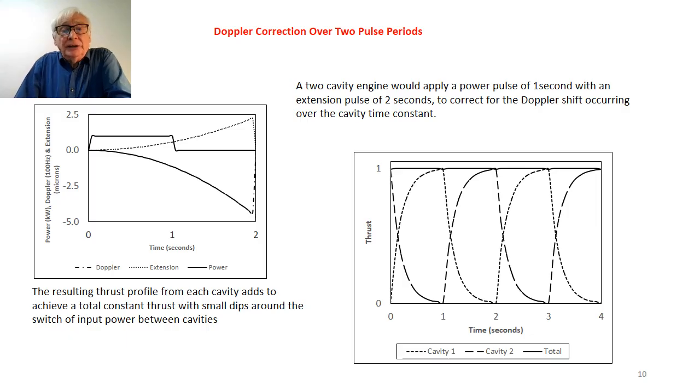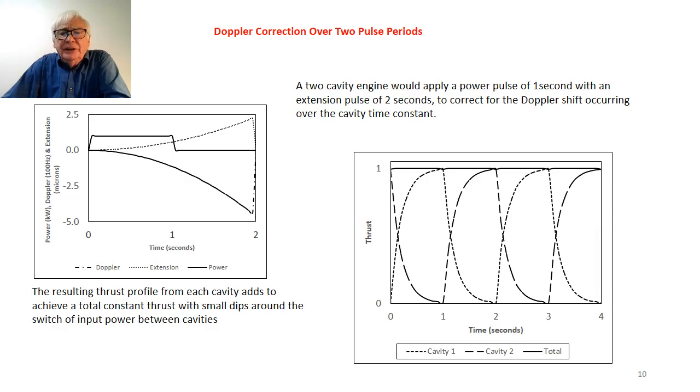Now, because the time constant of the cavity is a nominal 1 second, the actual Doppler shift will carry on over a 2 second period, and the frequency correction and the extension of the cavity length will also be applied over almost 2 seconds. You can see that just before the end of the 2 second period, the extension reverts back to its original axial length, and the Doppler shift drops back to 0.